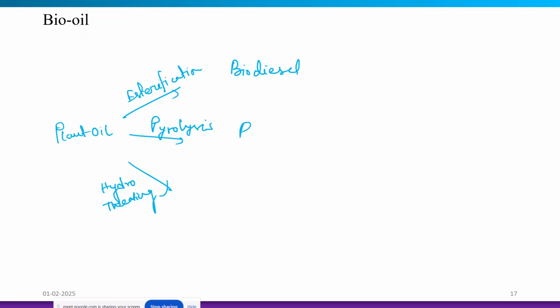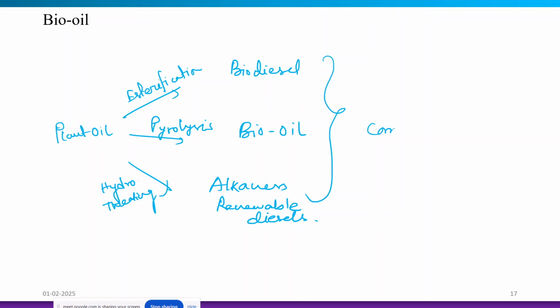From the pyrolysis process, you will produce bio oil, which is also called pyrolysis oil. And from the hydrotreating process, you will have some alkanes, also known as renewable diesels. So these can all be used as combustible products, as an energy source.